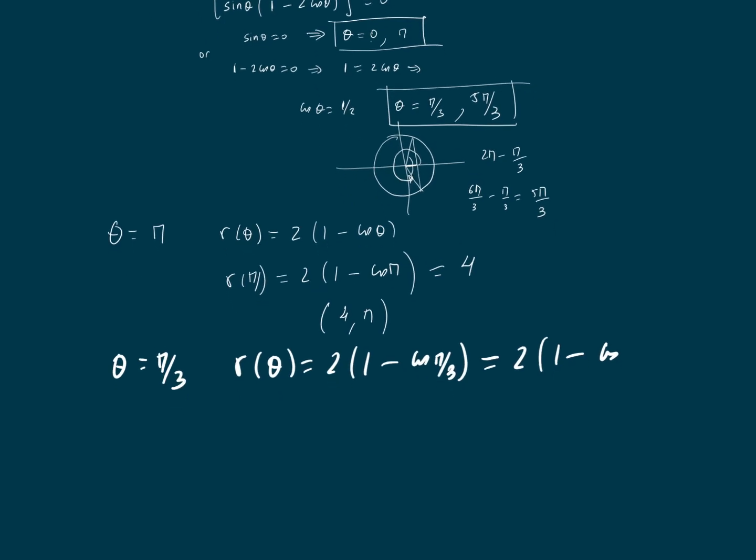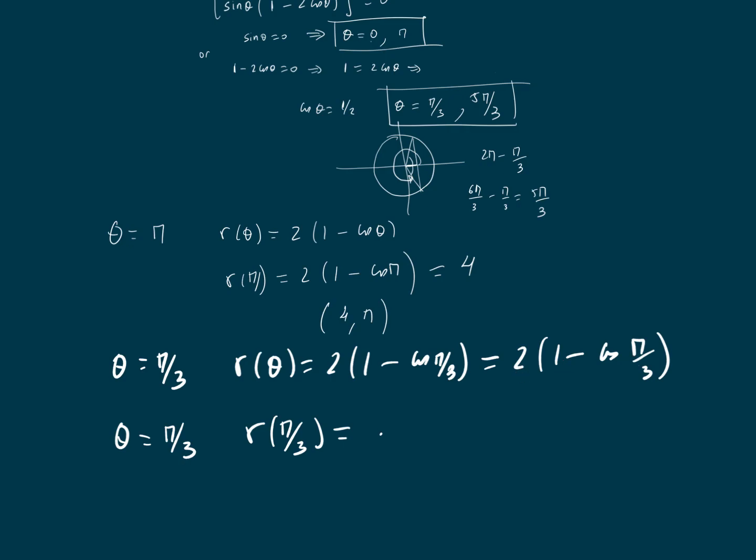Remember that cosine of pi divided by 3 is 1/2. 1 minus 1/2 is 1/2. 1/2 multiplied by 2 is 1.